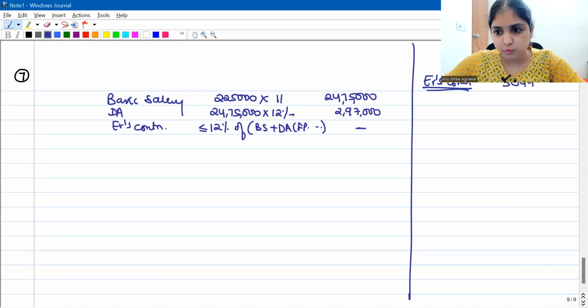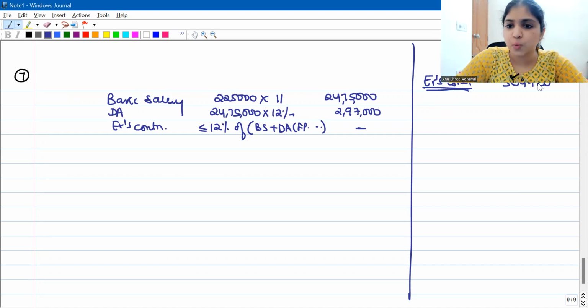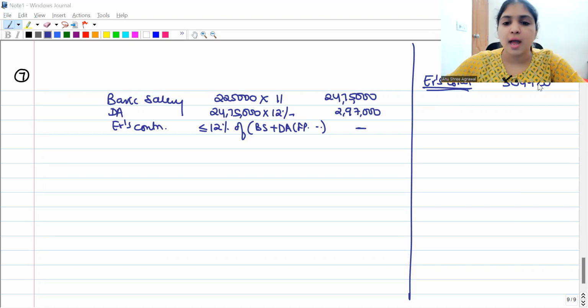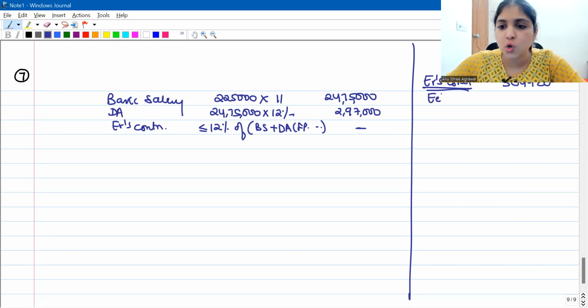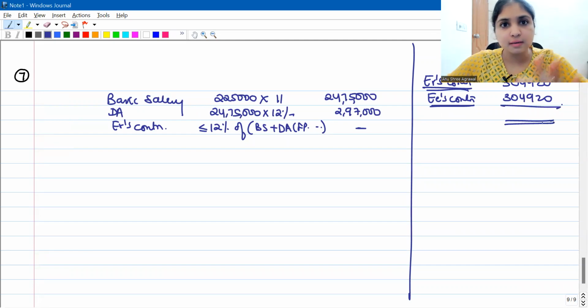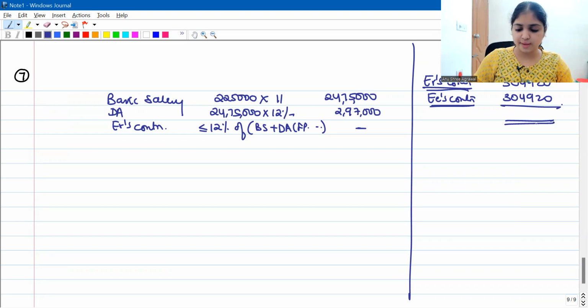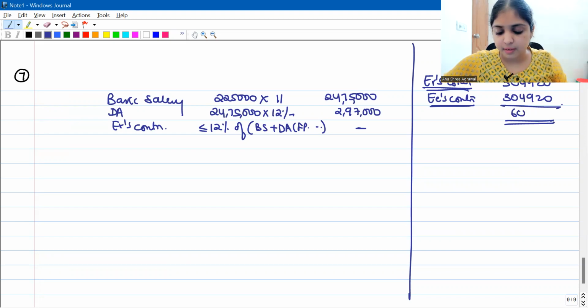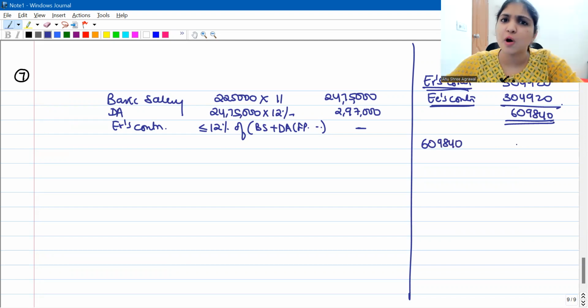So 3,04,920 the employer is contributing. And what is the employee's contribution? Even the employee is contributing 3,04,920. So what's the total money in the RPF account of my assessee? 6,09,840.